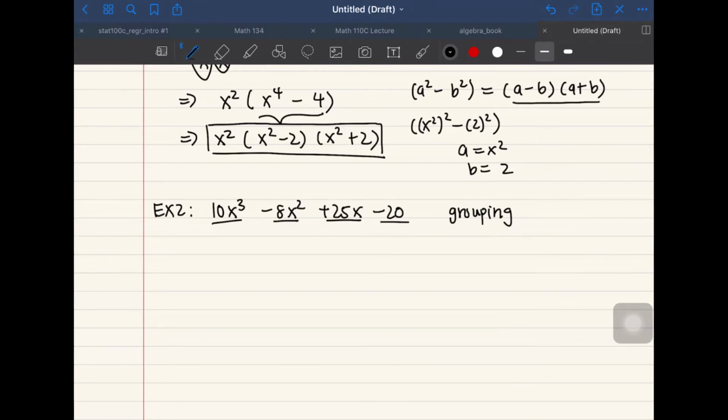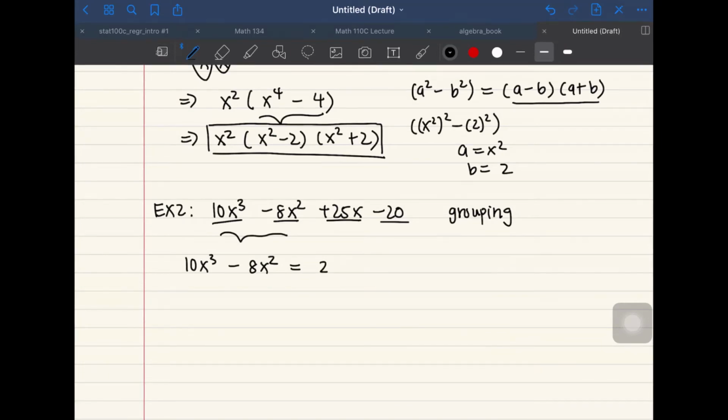Let's take an example. Let's look at this part: 10x cubed minus 8x squared. Notice that I can factor out a 2x squared because that will be the GCF. Then I'm left with 5x minus 4.